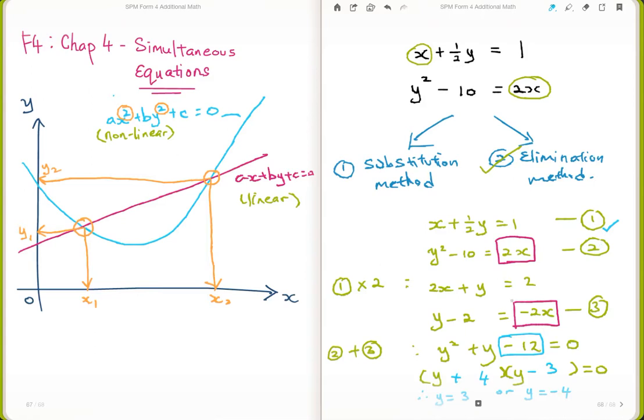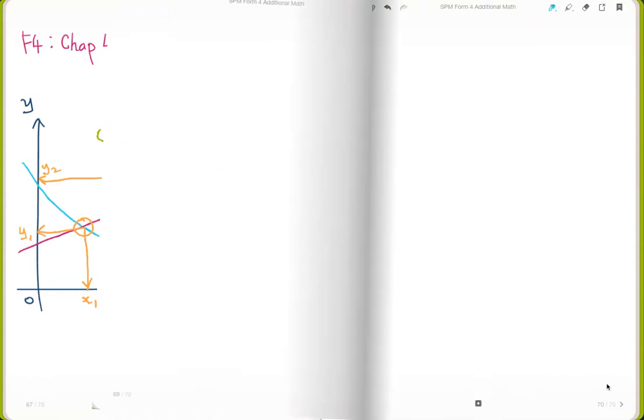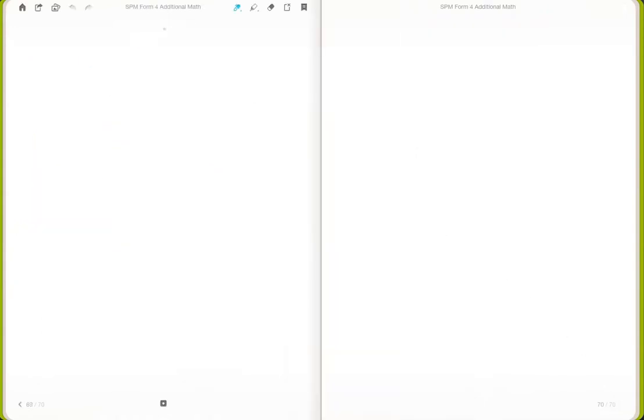It's a linear equation, so if you substitute into that, when y is equal to 3 from my equation 1, therefore my x will be equal to 1 minus half of 3. That would be equal to negative half.